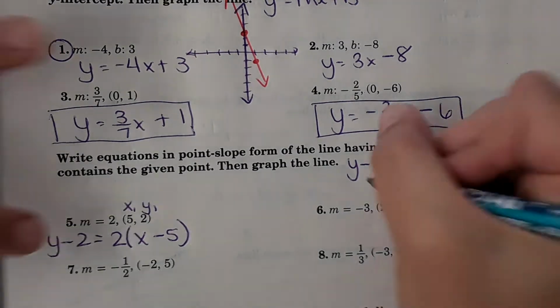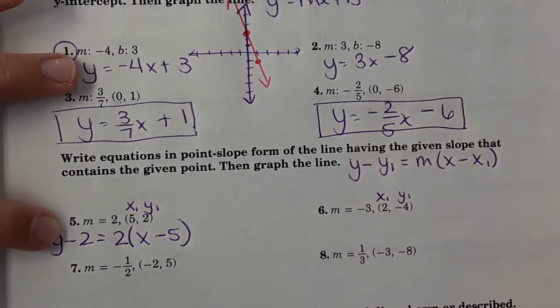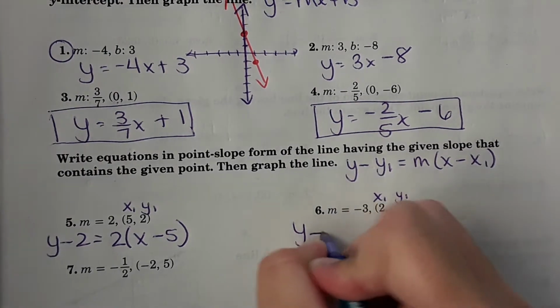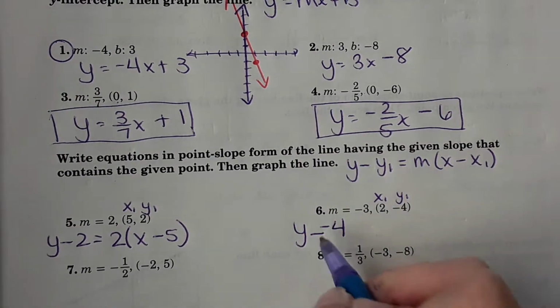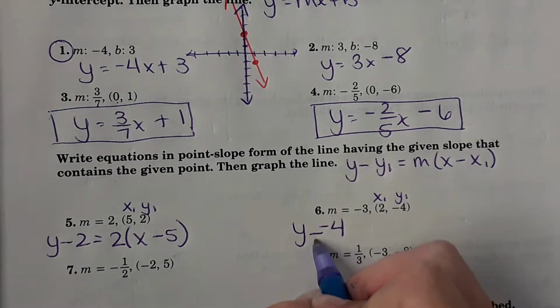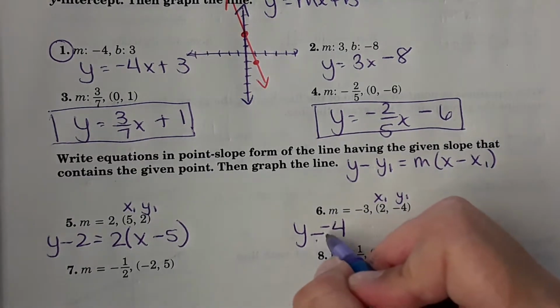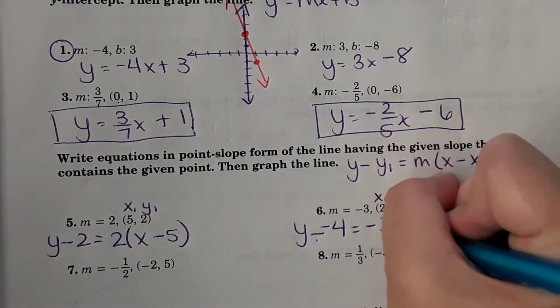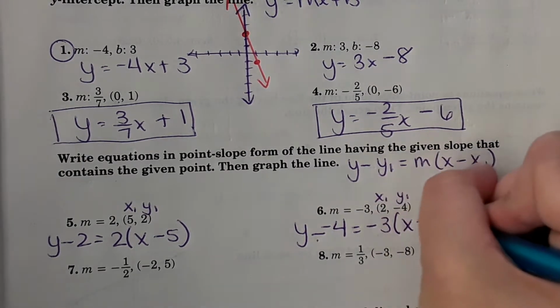Next one, same process. This one's a little bit different. When you subtract -4, it looks like this, and we're going to turn that into an addition symbol in a second. So y minus -4 equals slope of -3, and then x minus 2.